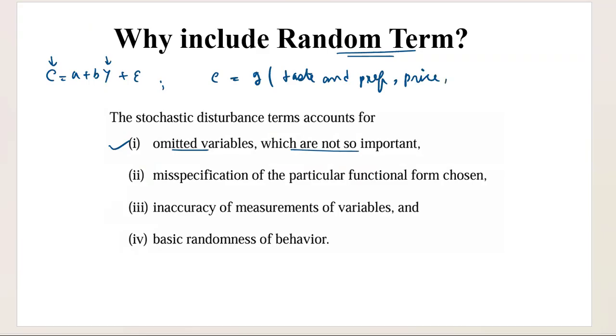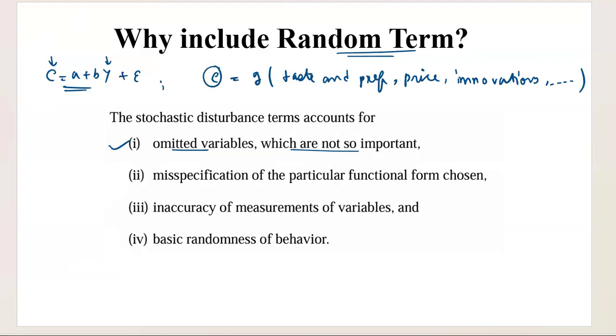What if I say consumption also depends on the innovation of new products? Right? So there are multiple different factors that we have not included in our model. Income is not the only factor that influences consumption. Suppose season, winter or summer, that also makes a difference in your consumption pattern, right?